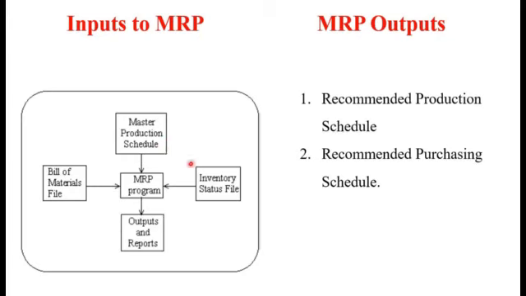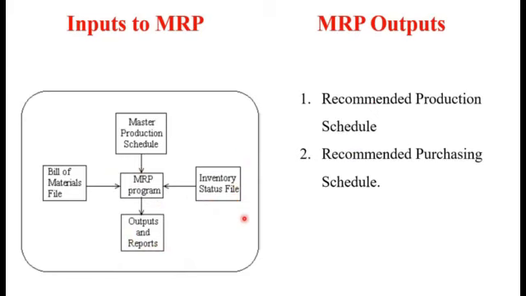Then the inventory status file, which says how many components are available in the store. That is also very important and is one of the inputs to material requirements planning. Finally, it gives output reports: a recommended production schedule as well as a recommended purchasing schedule.